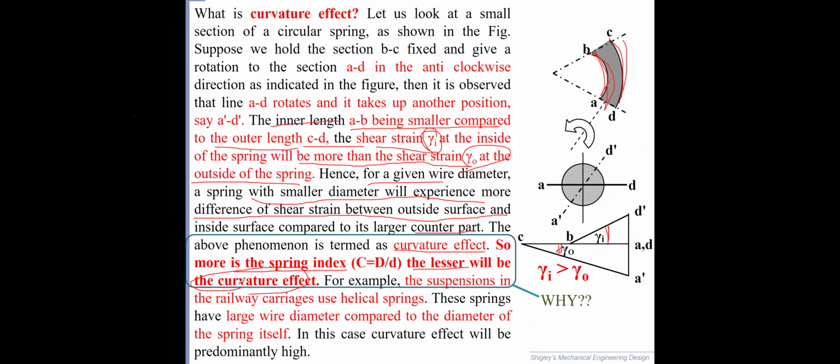Think of why. For example, the suspension in railway carriages uses helical springs, and these springs have a large wire diameter compared to the diameter of the spring itself. In that case, the curvature effect will be predominantly high.